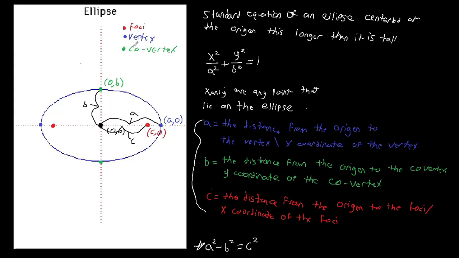I want to talk about what changes in the standard equation and how you can look at the equation that you're given to figure out if the ellipse is wider than it is tall. So again, we're going to keep these definitions in mind. This equation down here we're going to keep in mind, and we're going to see how this changes.